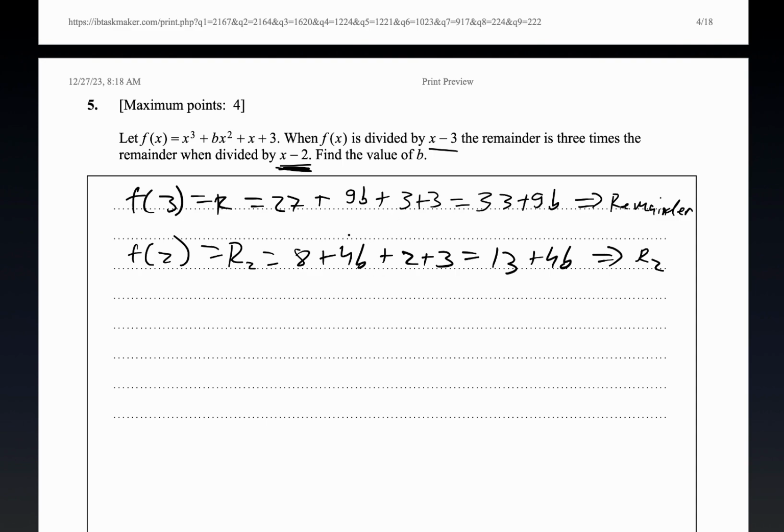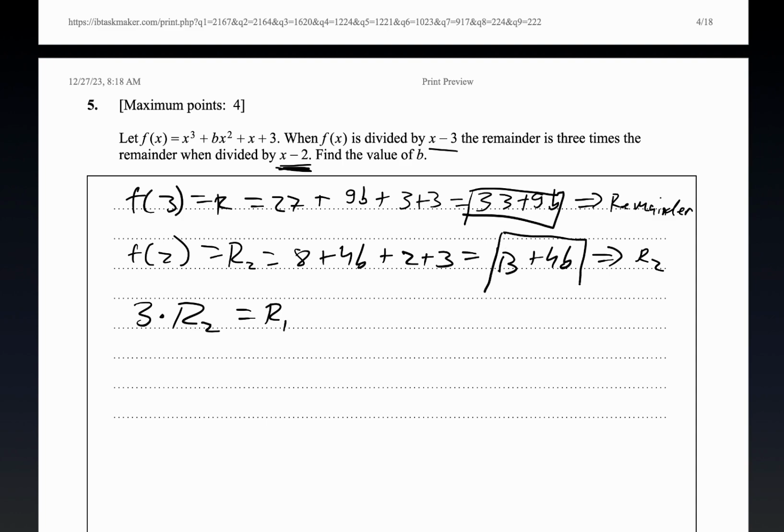So now it says that when f of x is divided by x minus 3, in this case, the remainder is 3 times bigger than the remainder when divided by x minus 2. So that means that 3 times r2 is equal to r1. Our r1 is this, our r2 is this.